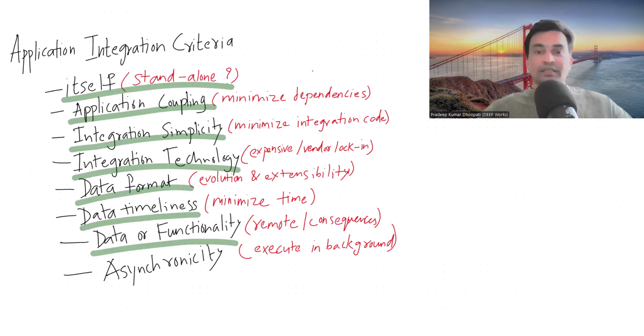The last criterion is asynchronicity. Computer processing is generally synchronous, and when a procedure wants to share data or call a subprocedure, the assumption is the subprocedure is available all the time.